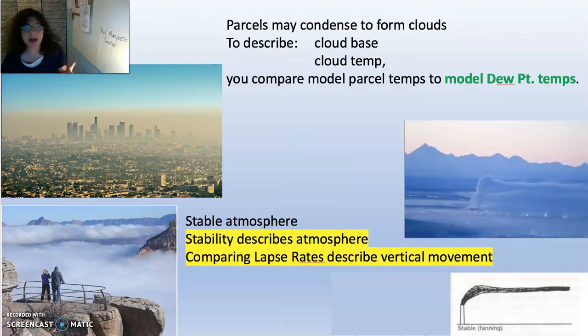Now we're going to look at the cloud base, or the starting altitude of the cloud, and the cloud temperature within the cloud by comparing two different lapse rates, a parcel lapse rate and a dew point lapse rate. By doing that, we are going to look into the vertical start of the cloud and the vertical temperature of the cloud by comparing these two different lapse rates.